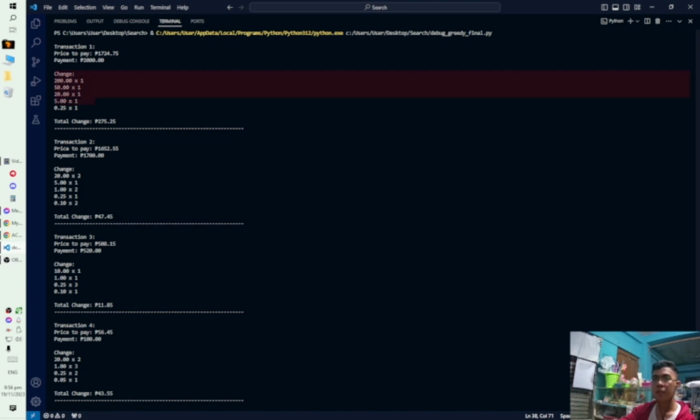We have this here in the change section. The 275.25 can be broken down into one 200 peso bill, one 50 peso bill, one 20 peso bill, one 5 peso coin, and one 25 cent coin. That's the optimal or efficient way to give change to the customer.